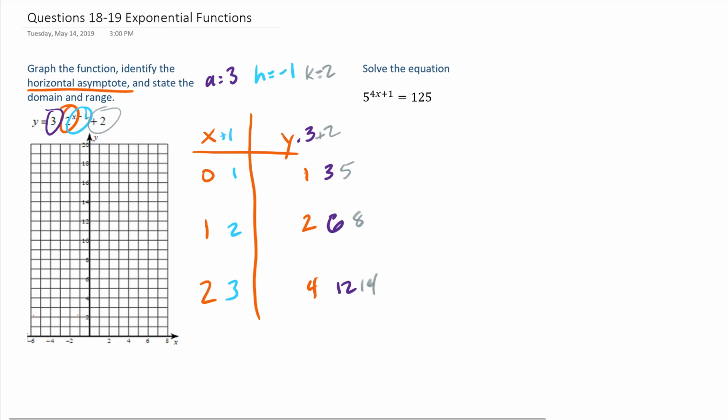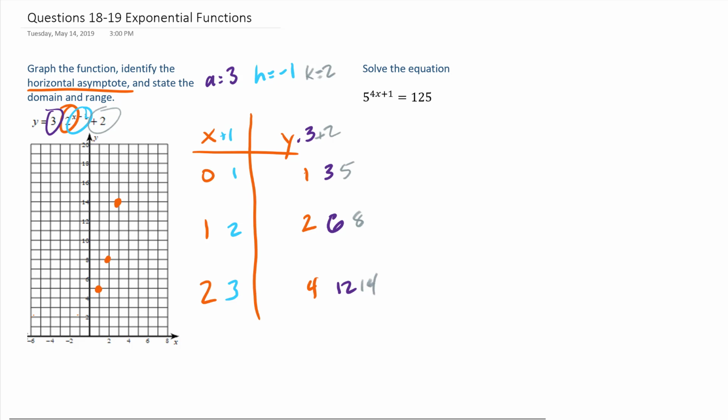So there are my points that I'm going to plot. I'm going to have the point (1, 5), which is going to be up here, a point (2, 8), which is going to be right here, and then finally the point (3, 14), which is going to be right up here.